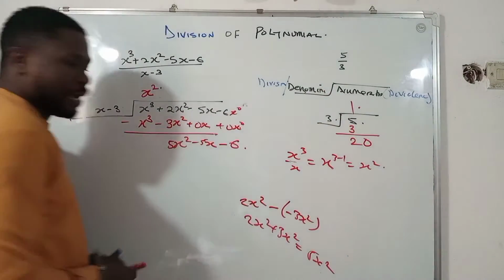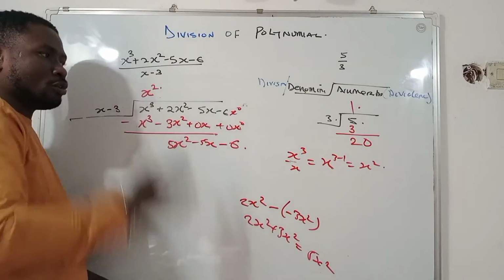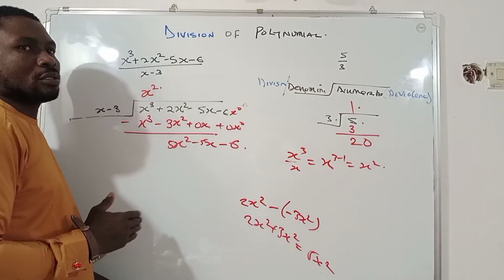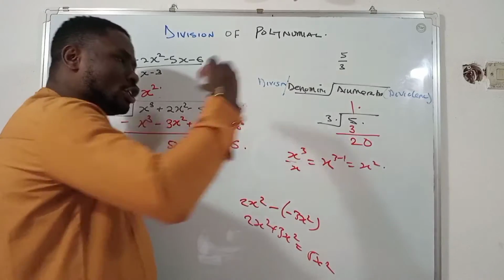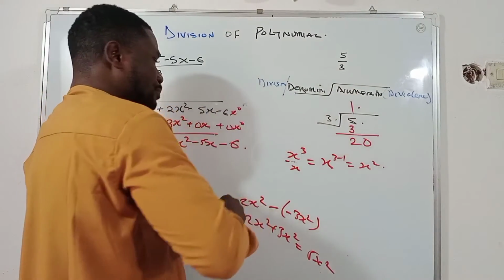But we don't do that here. For polynomials, once you get to a point where you can no longer divide, you stop at that point. For numerals, you can continue by the introduction of a decimal point at this point.